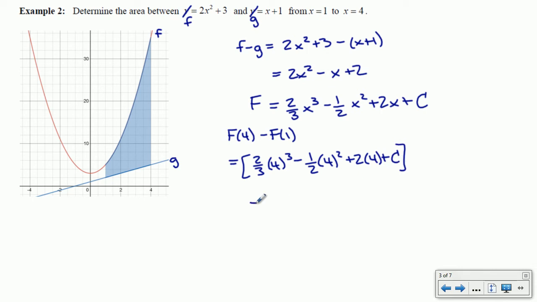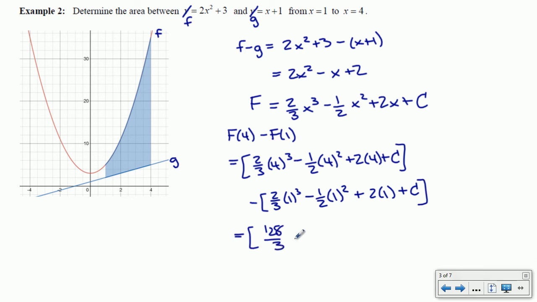And then we're going to subtract the same expression but with a 1 in its place. So 2/3 1 cubed minus 1/2 1 squared plus 2 times 1 plus c. Now this would eventually give us 128 over 3 minus 8 plus 8 plus c.